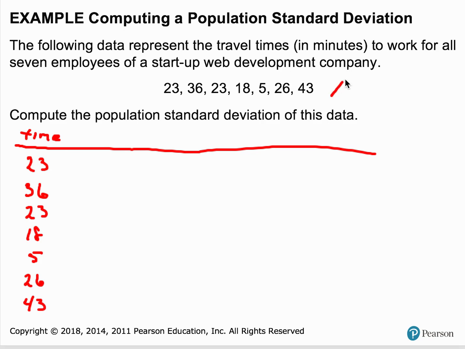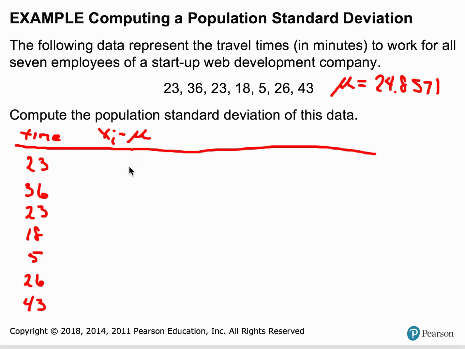Okay, so mu is 24, and it leaves several decimal places, 0.8571. Okay, so then I'm going to have a column. My next column is going to be each x value minus mu.